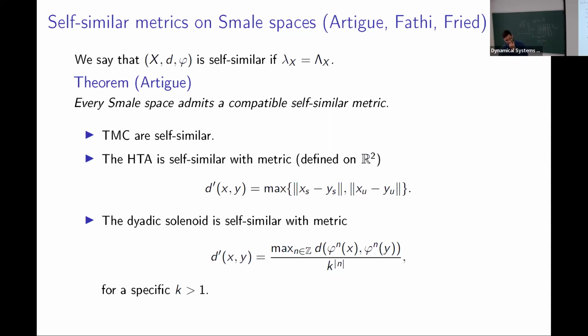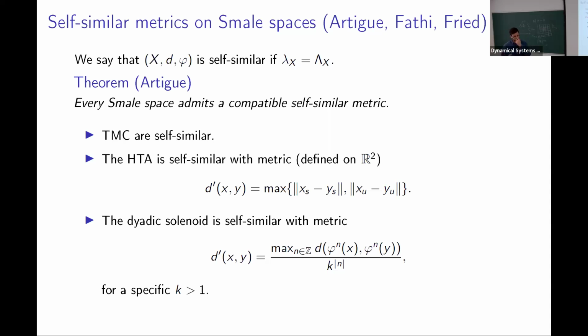Whenever you have this, and you act with the dynamics on stable or unstable sets, you act by a multiple of lambda. So it's a multiple of an isometry by lambda. So it's conformal in a strong, uniform sense.